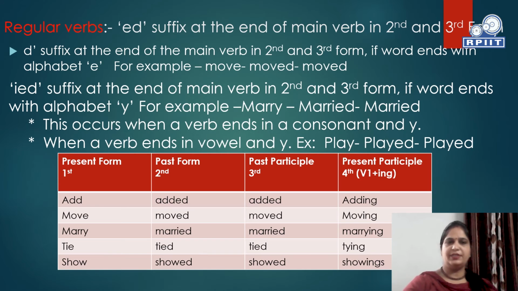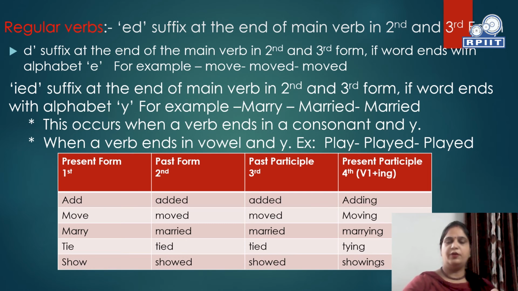IED suffix at the end of main verb in second and third form. If words end with alphabet Y, we will change Y into I and use IED. Example will be marry, married, married. This occurs when a verb ends in a consonant and y.